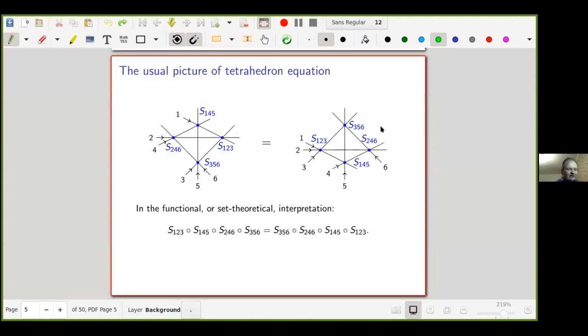It might be either way. This letter S capital with different subscripts may denote different functions.